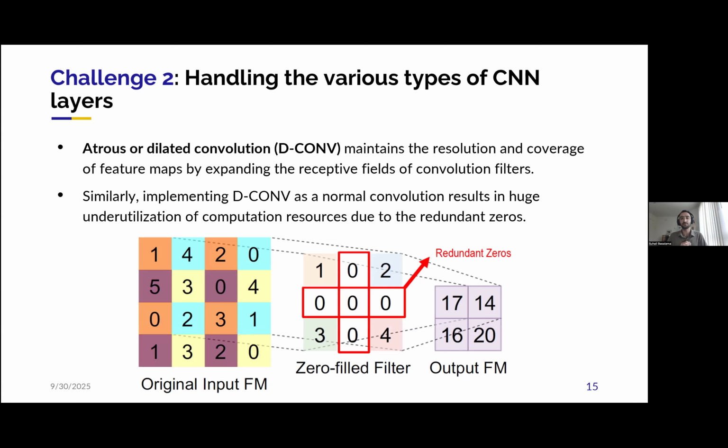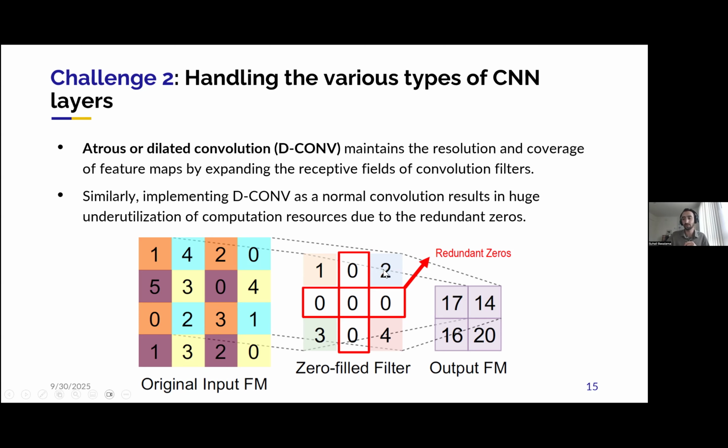And then for dilated convolution, also called atrous convolution, it maintains the resolution and coverage of the feature maps by expanding the receptive field of the convolution filters. Both of these types of layers are used in image segmentation. For dilated convolution, instead of inserting zeros in the input feature maps, we insert zeros in the kernels to increase the receptive field.